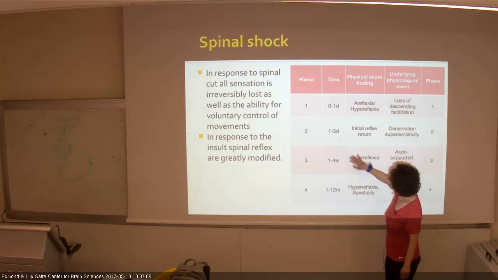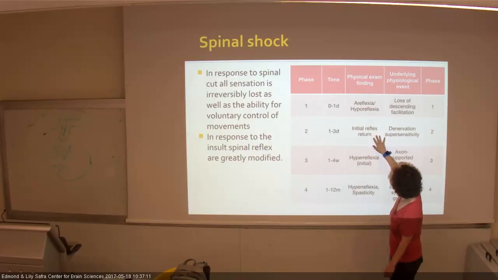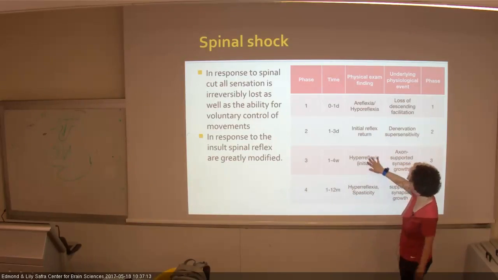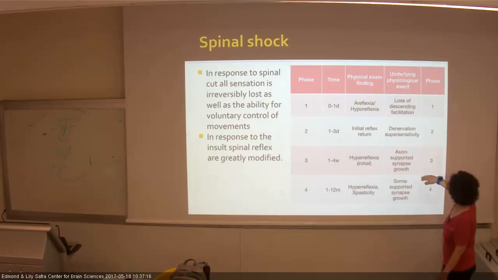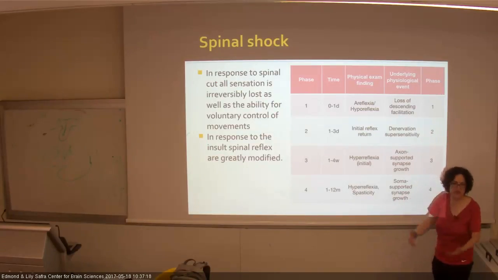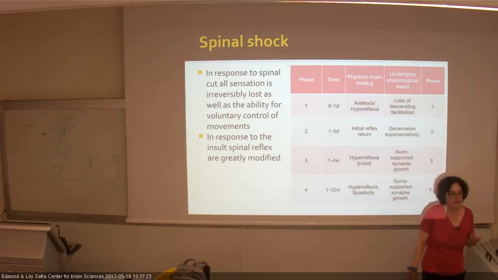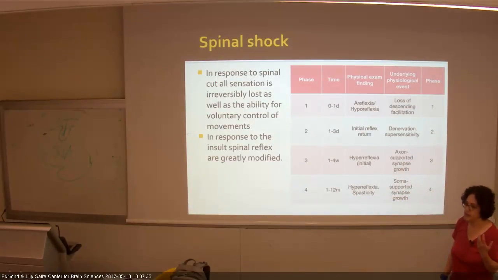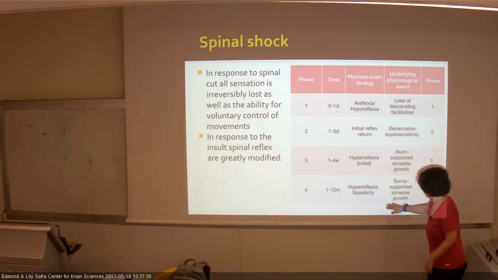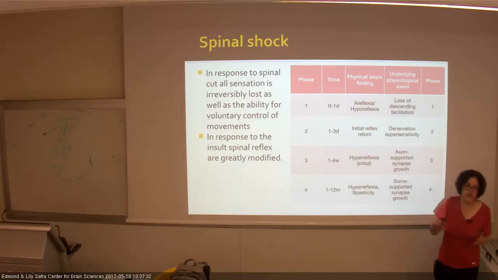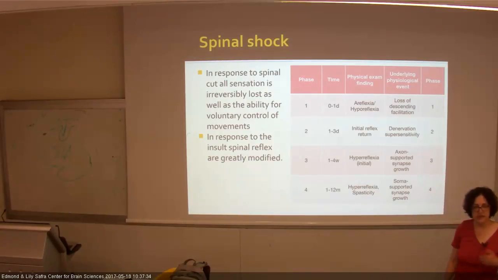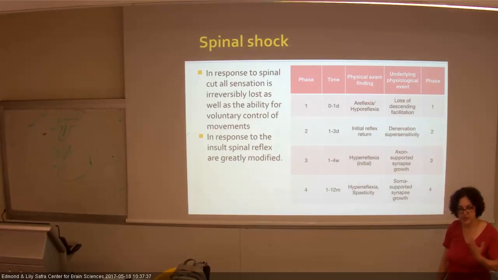But within a short period of time, this return of reflex develops into hyperreflexia, because of synaptic growth and hypersensitivity, and spasticity, due to a spinal mechanism that tries to compensate for the loss of innervation.